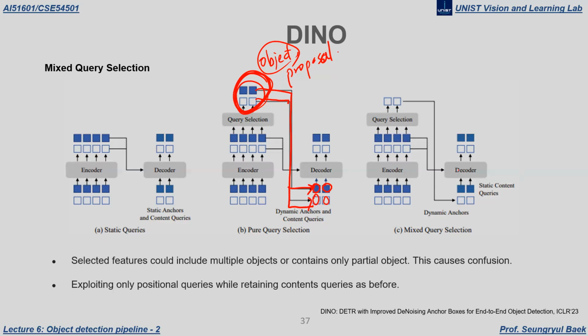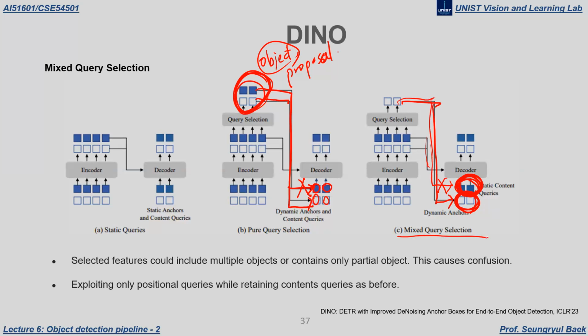But here they say this is the content and this is the positional query. For the content query, not giving this kind of spatial information is better, right? So in DINO, for the content query, they do not use this object proposal information, but for the positional query, the spatial query, they use this object proposal information.